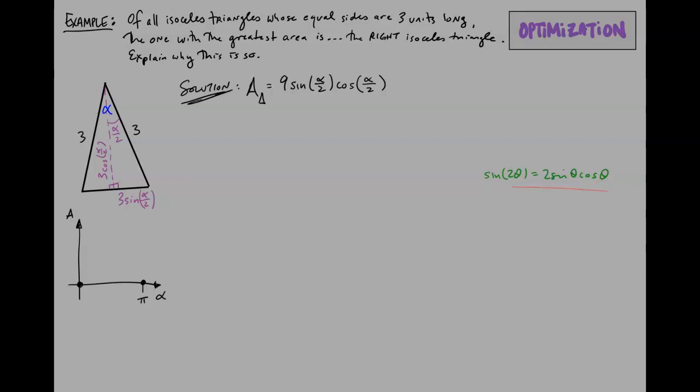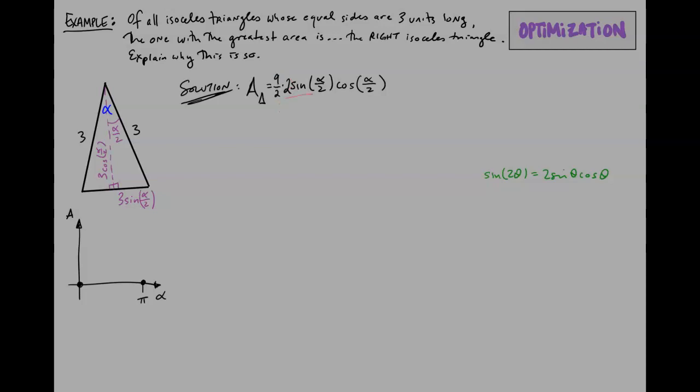Anyway, if that is firmly in your head, as it should be, then when you see this expression with the sine of something cosine of something, that should remind you of, oh yeah, 2 sine theta cosine theta. Never mind that I have alpha over 2 instead of theta. Theta can represent anything here, including alpha over 2. And you might say, but I don't have that 2, I've got a 9. Well, that's easily fixed, because we can just rewrite this 9 as 9/2 times 2.